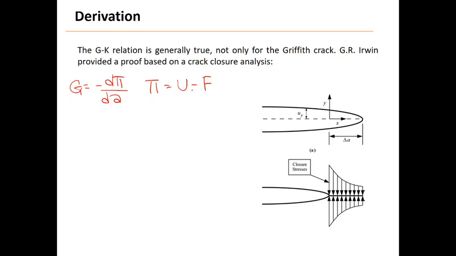For the potential energy of the system, we have the work done and the strain energy inside the material. We want the difference between these two as the crack length changes. So we are looking at the change in the potential energy, and that boils down to the change in the strain energy, dU, between these two configurations, and the change in the work done.